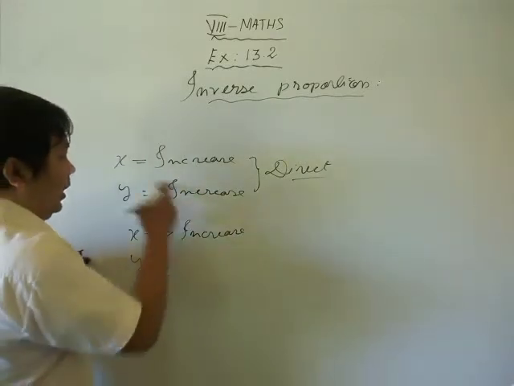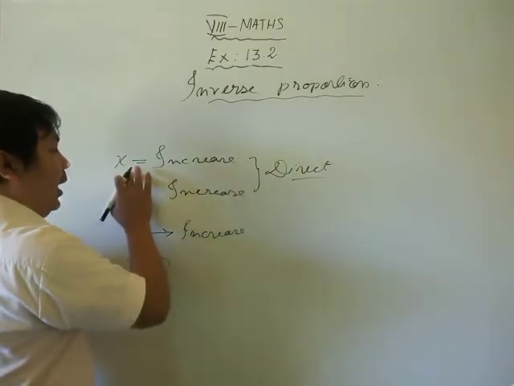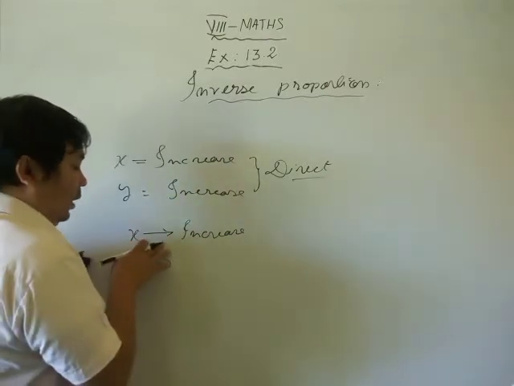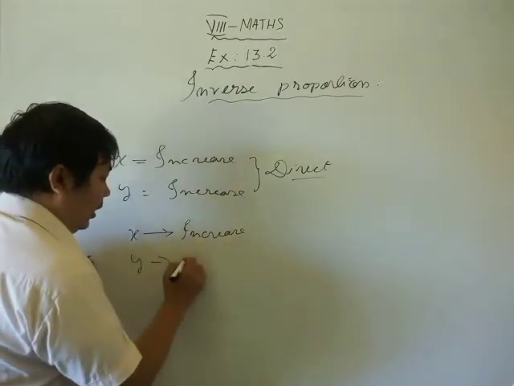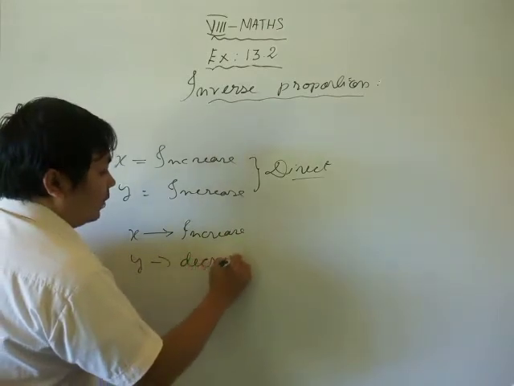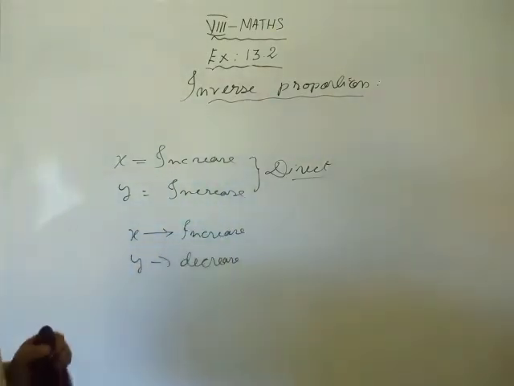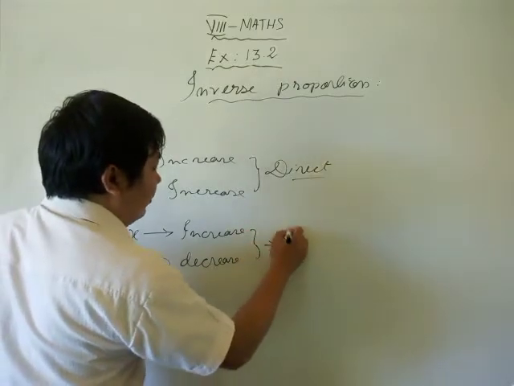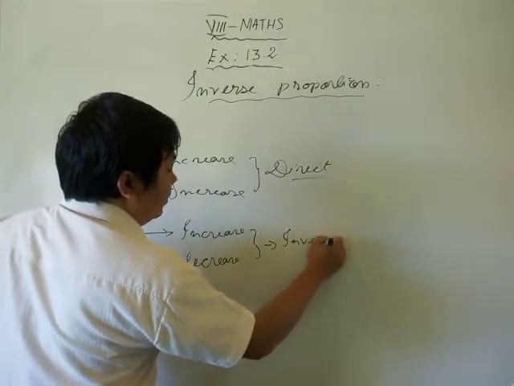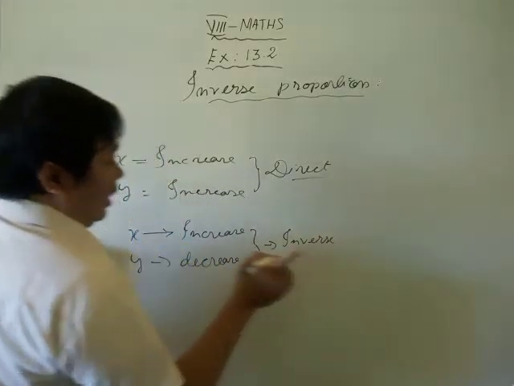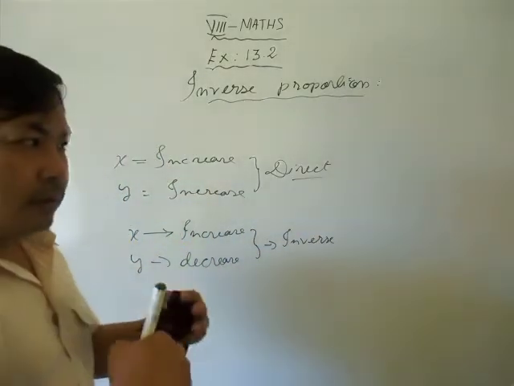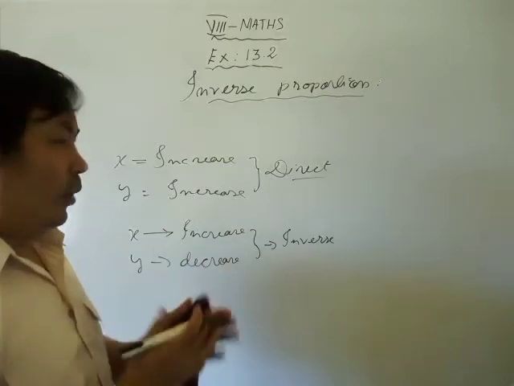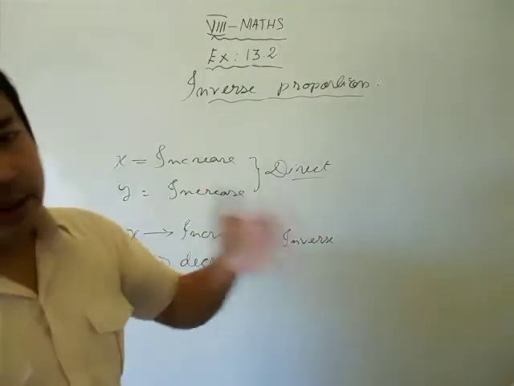In direct proportion, x increases and y also increases, but in inverse proportion, when x is increased, y will decrease. Inverse means when one is increased, the other decreases.